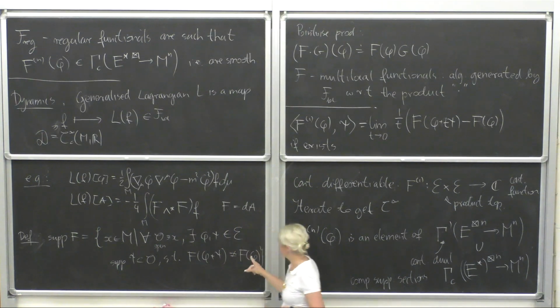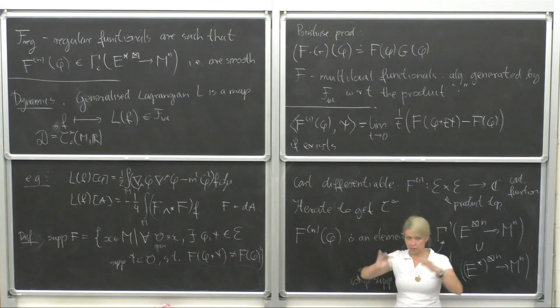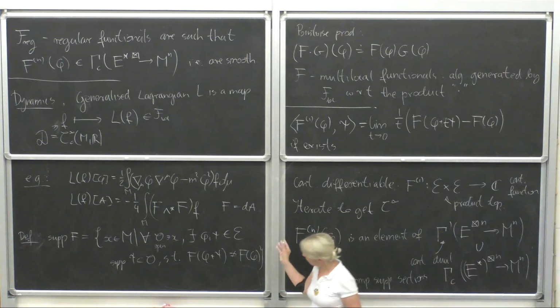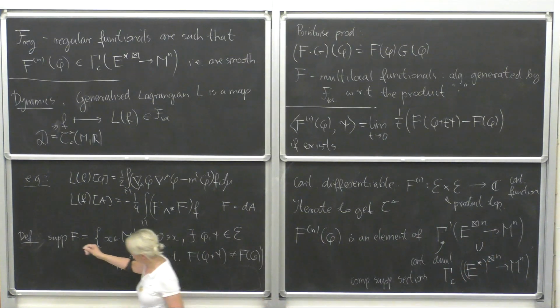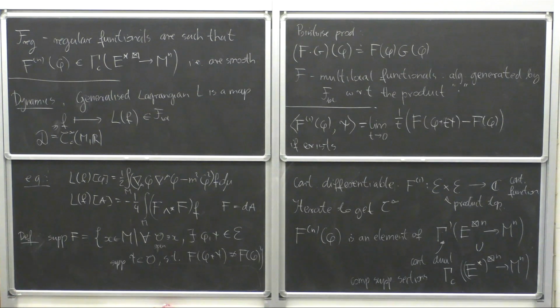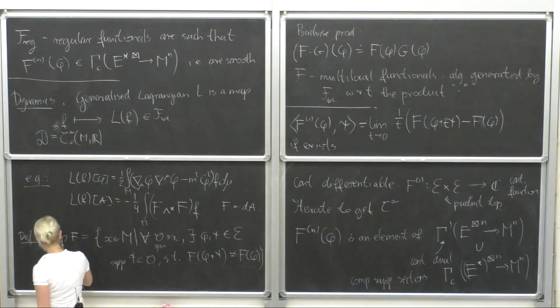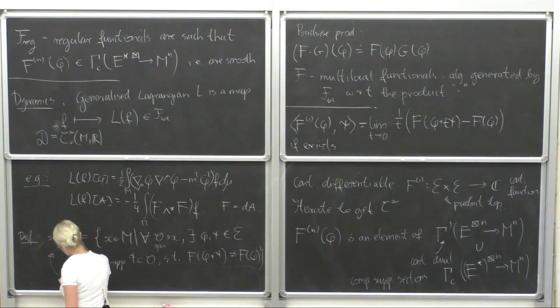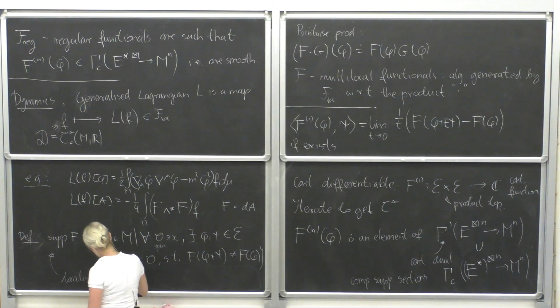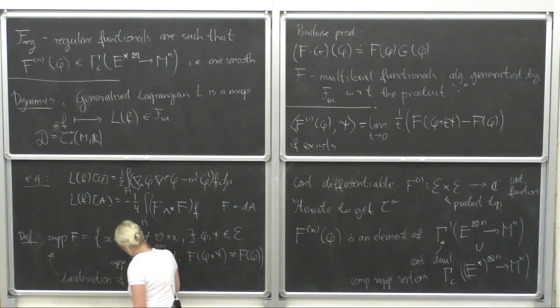So these are the regions of space-time where my observable, my functional, is sensitive to perturbations supported in that region. So that defines localization of functionals.